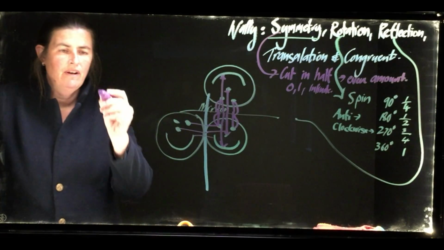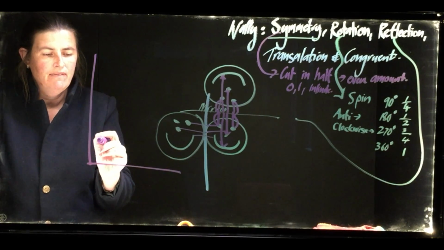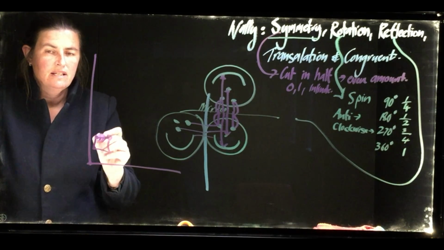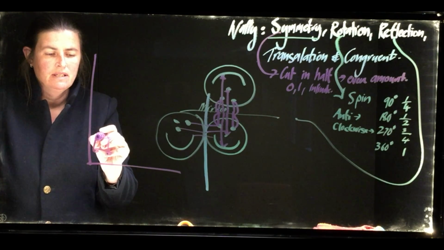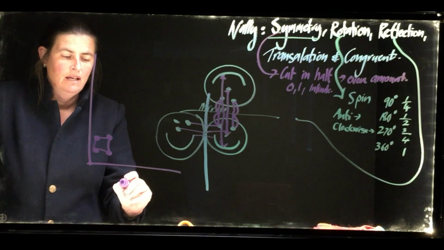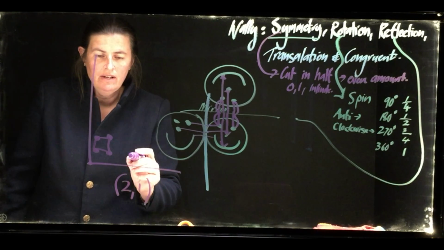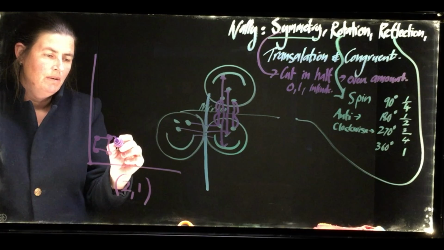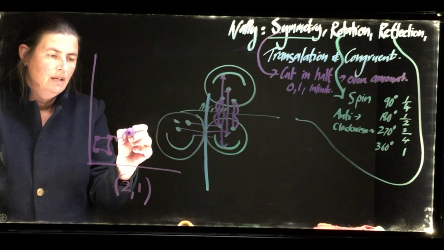Translation is going to involve your grid again. So if you have a square and it wants you to translate the whole square, it's going to give you some grid points. So if it says to you, translate this square to 1, that means you're going to take this little point here and you're going to go across 2, and put it 1 up because it says 1 up.